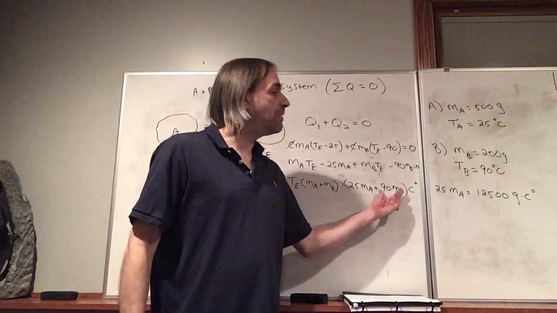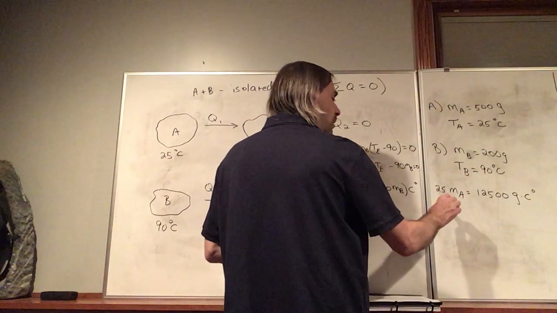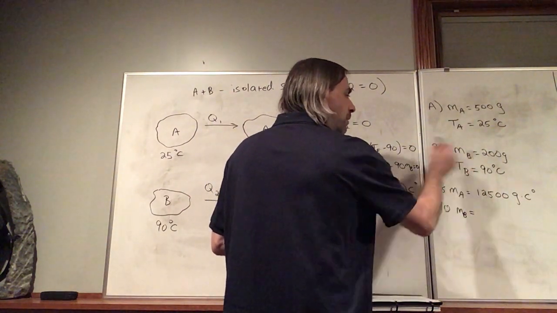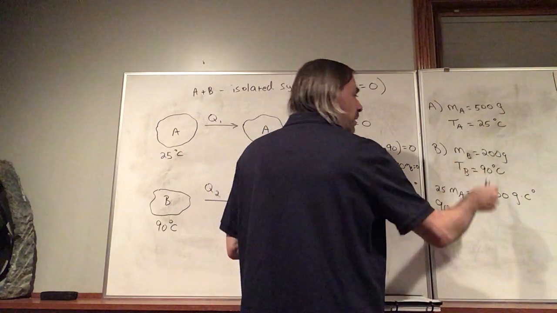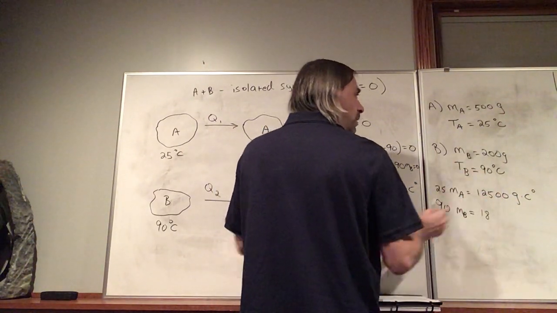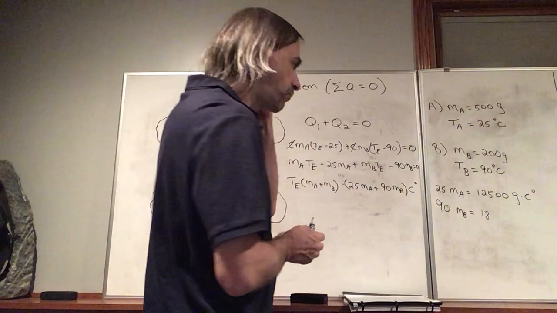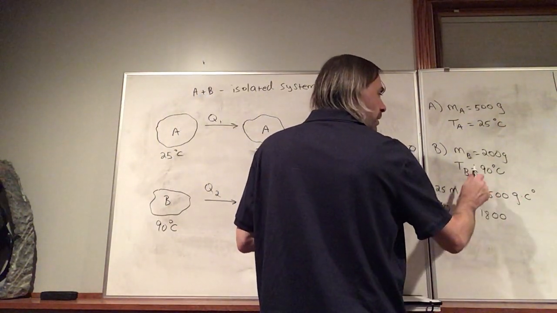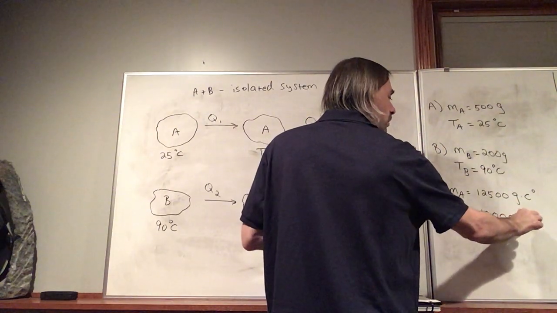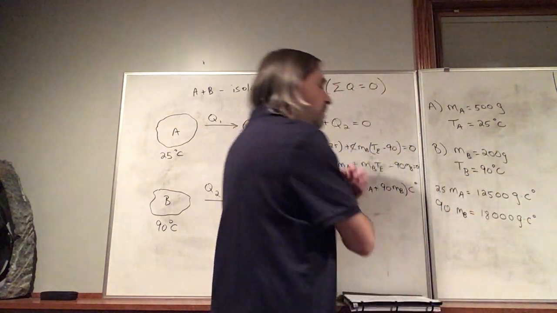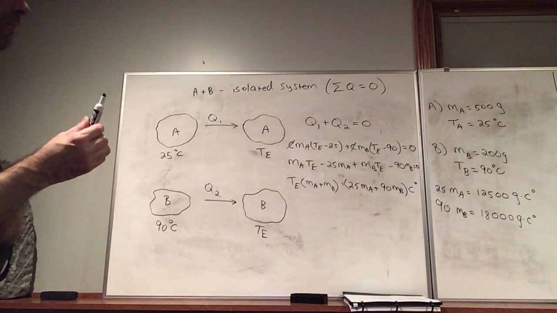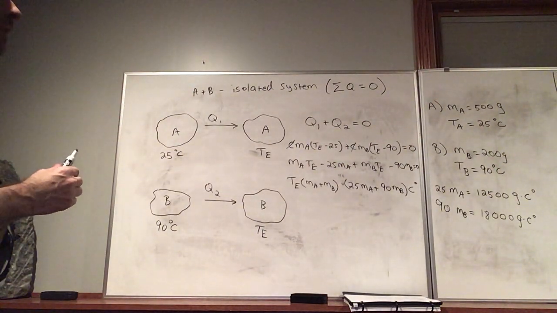So that's this part. Now 90 times M B. So 90 times 200, well 9 times 2 is 18, so that'd be 18,000. And again, grams times Celsius degrees.